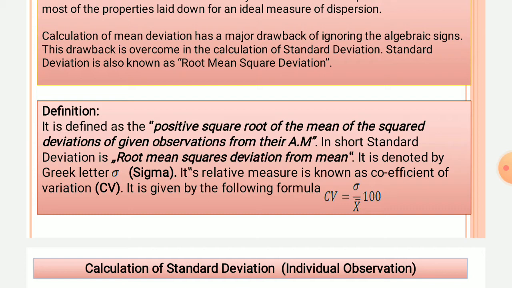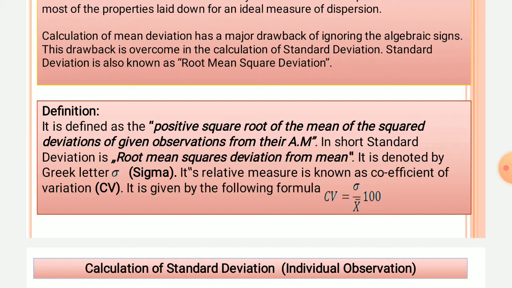So here we can calculate standard deviation by using the arithmetic mean or the assumed mean. We find d, and after finding d we square it. Therefore, it is the square root of the mean of the squared deviations of given observations.